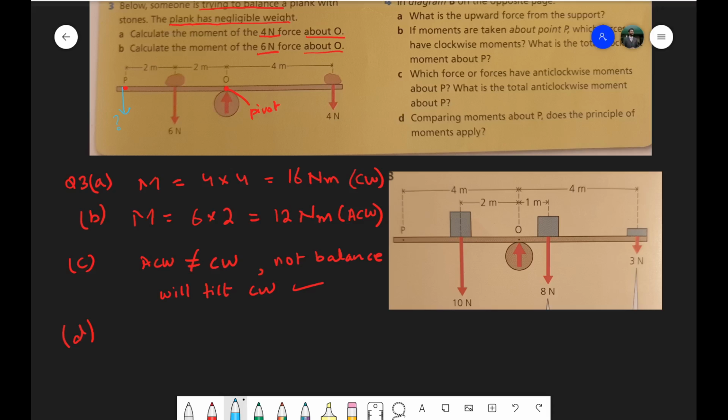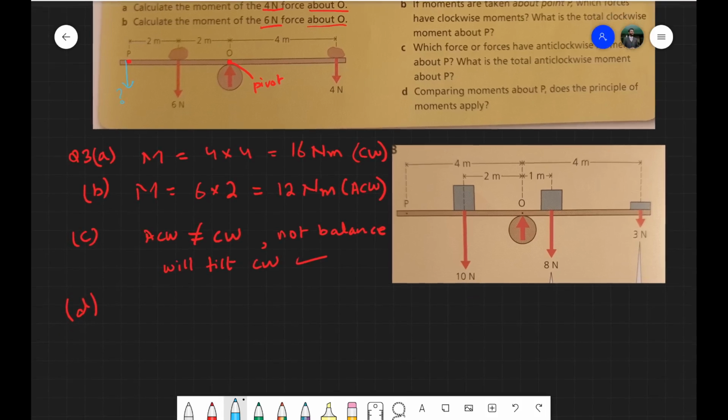Now the question asks, what should be the size of this force at point P? Well, again, you just need to apply the principle of moments here, which is clockwise moments should be equal to anti-clockwise moments. Now we have already found out the clockwise moment, which is 16. There is no other force which is applying a clockwise moment, so we can move to the right hand side of the equation.